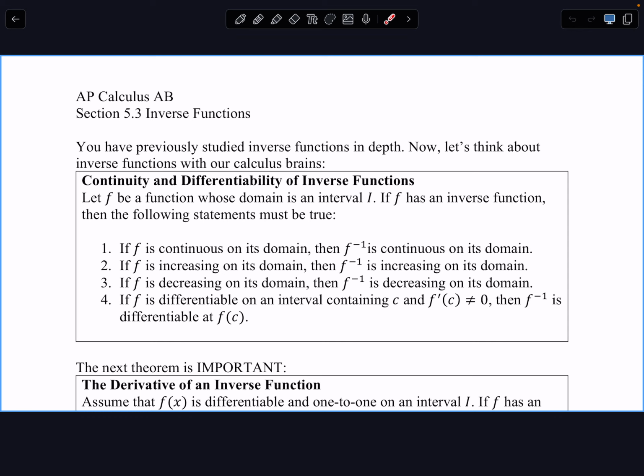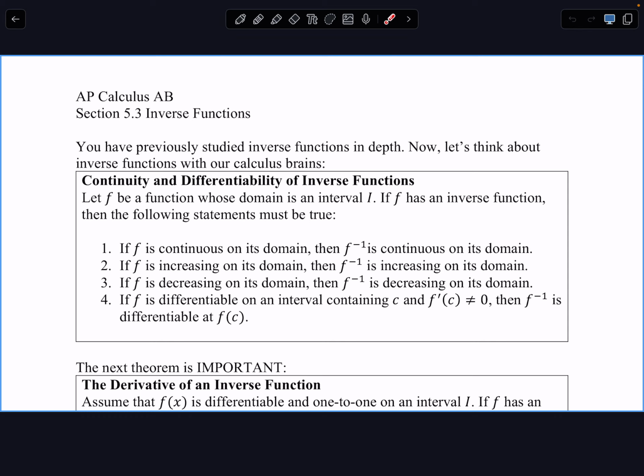So what this says is if f is differentiable on an interval containing c, as long as f prime of c exists and is not equal to 0, then f inverse will be differentiable at f of c. It's when f prime of c is equal to 0, so if there's a horizontal tangent line, that f inverse would then not be differentiable at f of c.